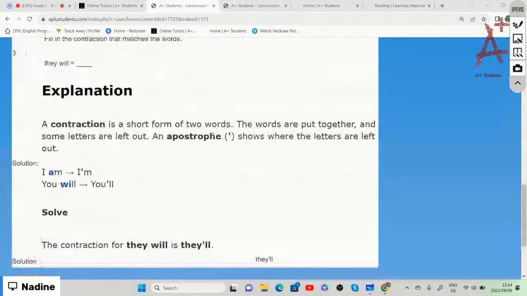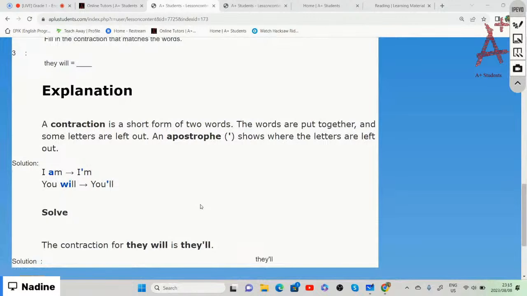So now we have they will, right? We need to fill in the contraction that matches the words they will. We need to shorten those two words, the short form of they will.